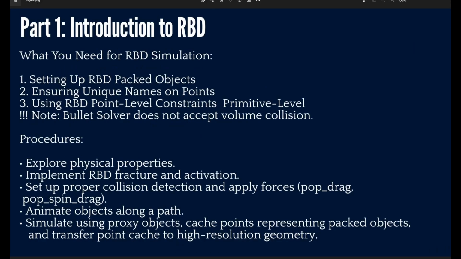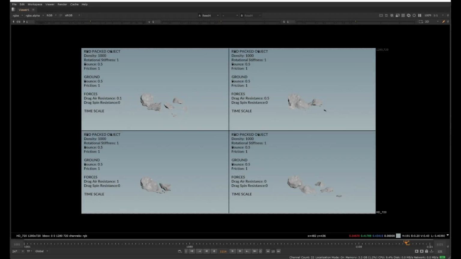Now let's move on to our forces and how they work. I already prepared for you a couple values here. You see now we have here air resistance 0, 1, 0.5, 1, and 0.